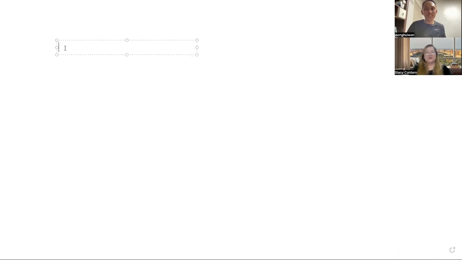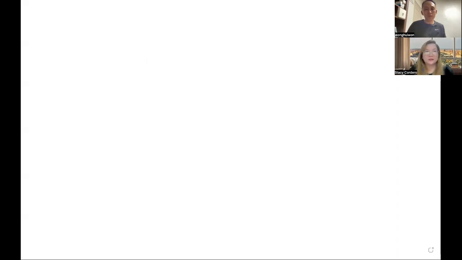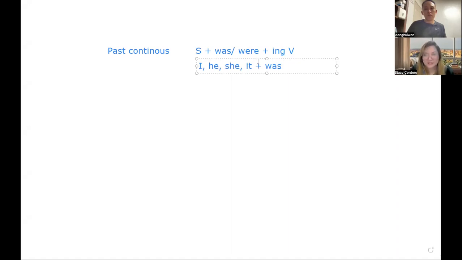All right. So right now, this is what we will be talking about. Past continuous. The sentence pattern is subject plus was or were plus the ing form of the verb. And if we use I, he, she, or it, then we will use was. What about if we use we, you, and they? What do you think we will be using?